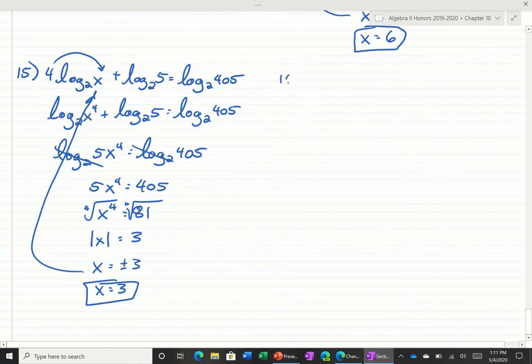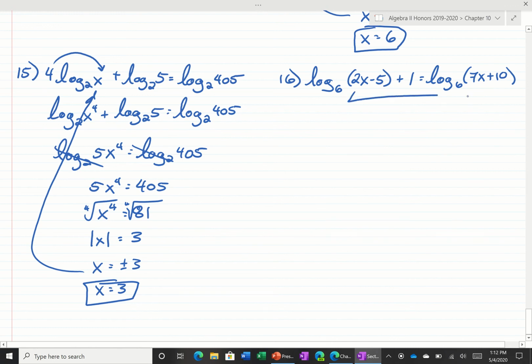For problem number 16, it says we have the log base 6 of 2x minus 5 plus 1 is equal to the log base 6 of 7x plus 10. Now you can't combine a log and 1, so let's bring this on the other side by subtracting it on both sides. We'll get 1 is equal to the log base 6 of 7x plus 10 minus the log base 6 of 2x minus 5.